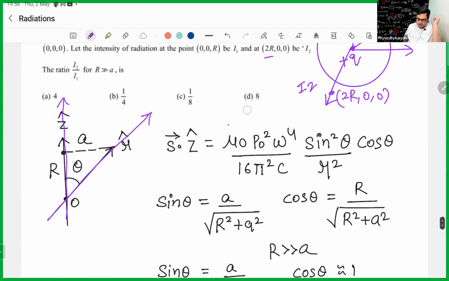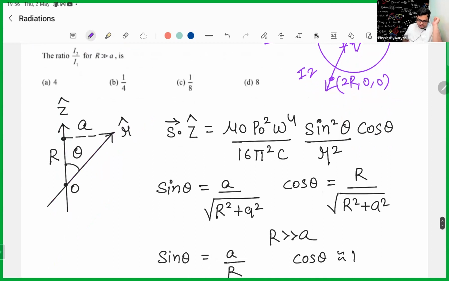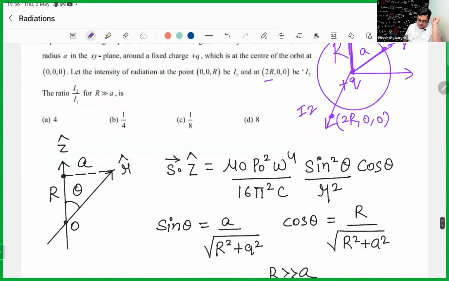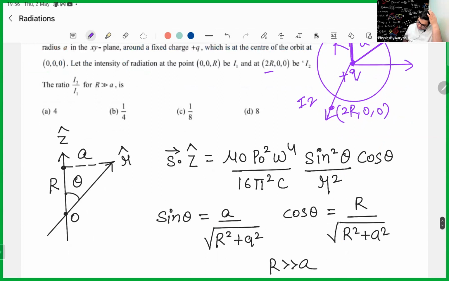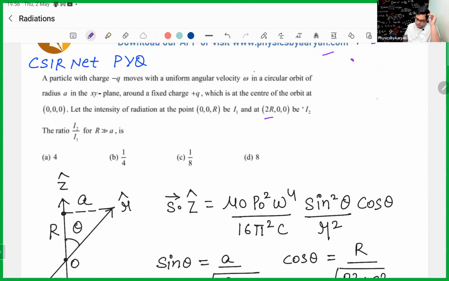Okay. Now I'm just making a rough diagram on this side. This thing is a capital R, because the distance on this z-axis is capital R. So let me give you a good visualization. This thing is rotating like this, and you are interested in finding the Poynting vector here.